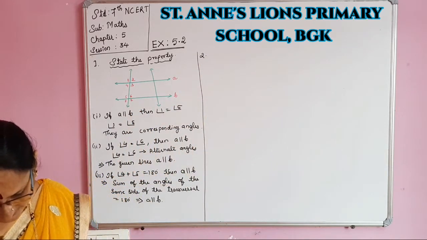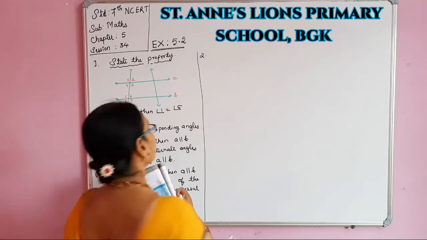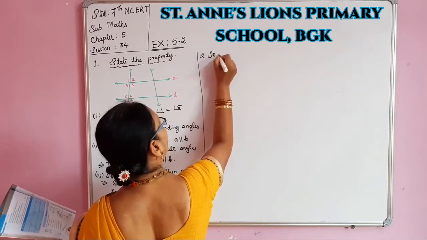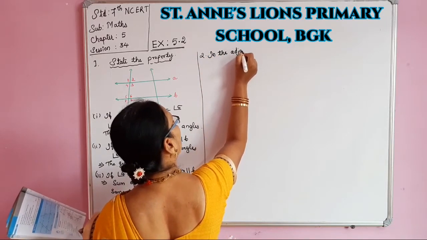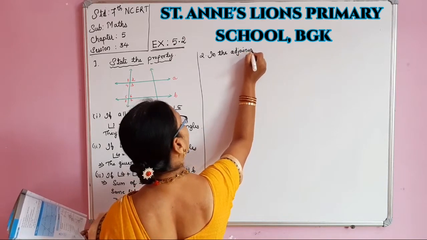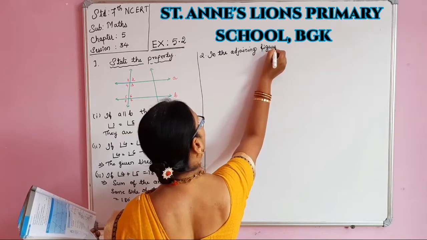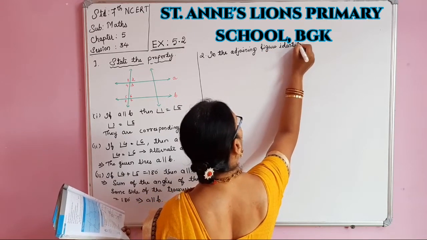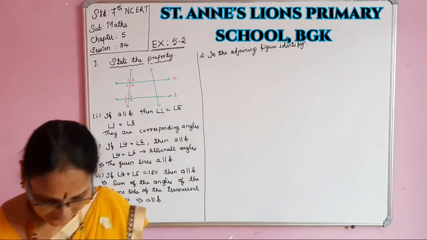In the adjoining figure, identify what we have to identify. First we draw the figure.